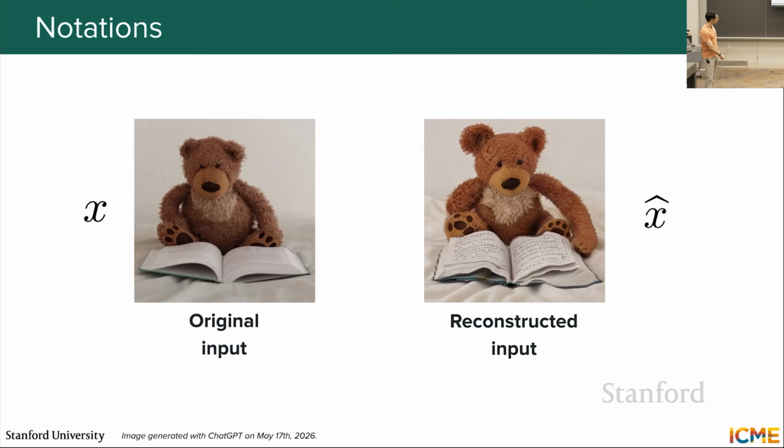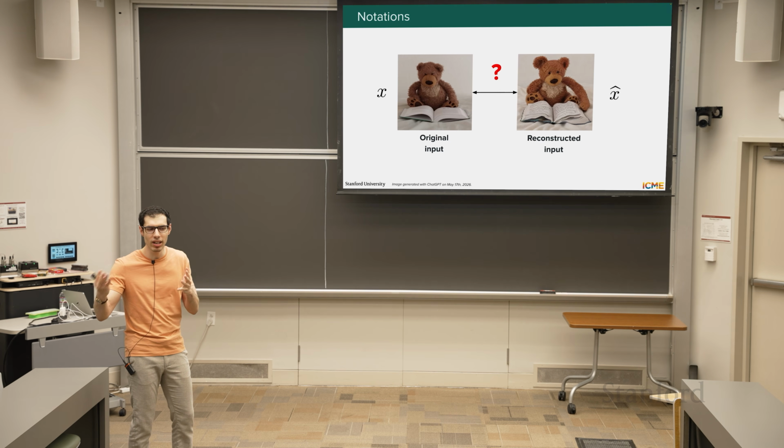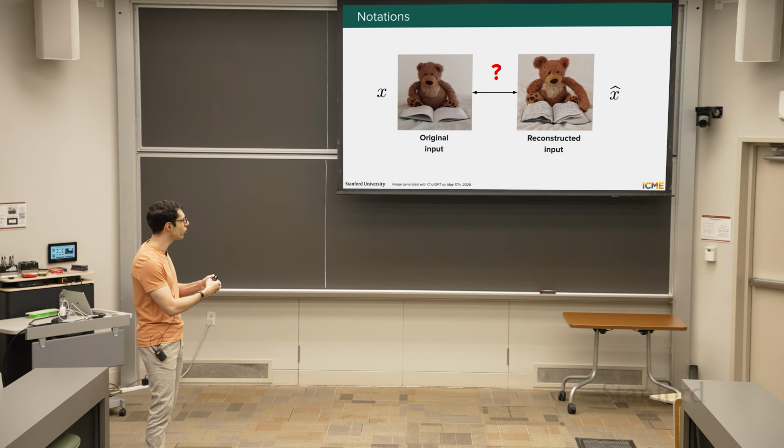Cool. So just getting a bit more rigorous about our notation. The input is noted X. The output, which is an attempt at reconstructing the input, is noted X hat. And what you want is a quantified metric to compare the two that hopefully will align with the quality of your reconstruction.